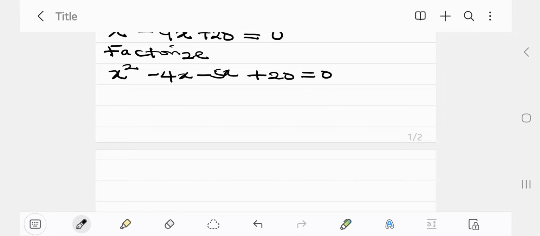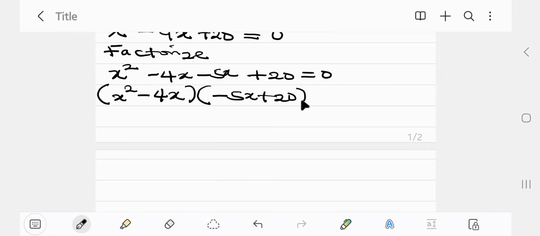So at this point, we can separate this into two different brackets. Here we have x squared minus 4x, close this bracket, open another bracket, minus 5x plus 20, is still equal to 0.